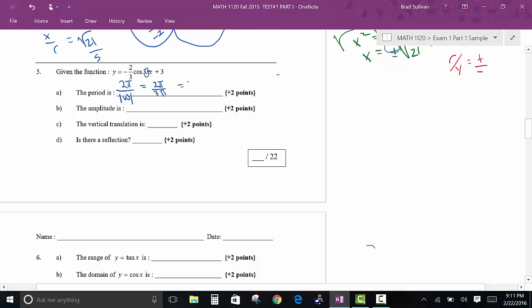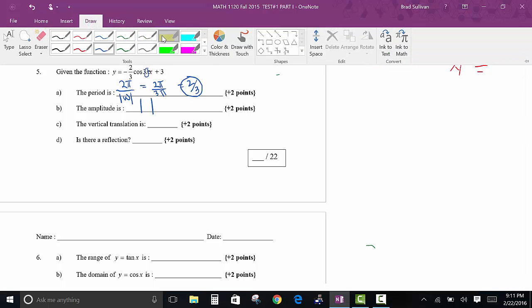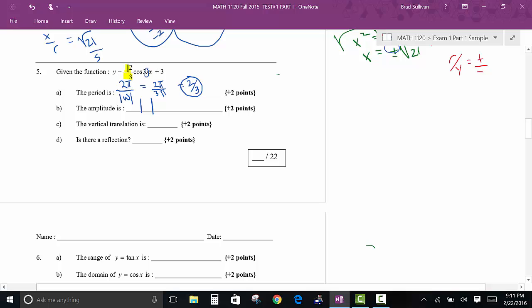The pi's cancel out, leaving you a period of 2/3. Okay? The amplitude is the absolute value of the number that's in front of the cosine. So what we're going to do is just take the absolute value of negative 2/3. So the answer to the amplitude is positive 2/3.